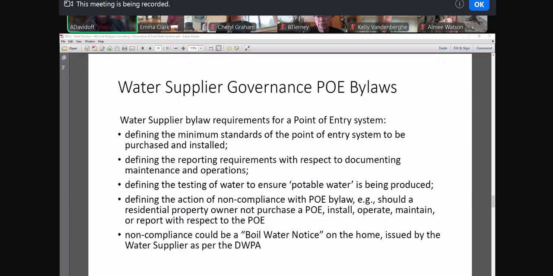Thank you, Chair. Sorry, Mary. I just want to summarize and then ask a question. My understanding is that you need everyone to sign on, so that's important. The other part is whether this POE is in the home or outside the home. There's also a POU, point of use, which is under sinks, which is not recommended. So is this indoor POE?